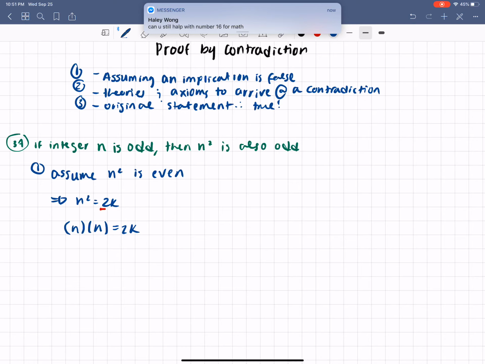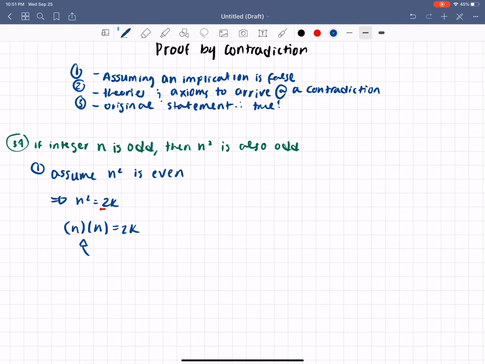But, as you can see, this can't be true. We assume n is odd, but we can see that the product of two odd numbers can't be even. So that doesn't work out.